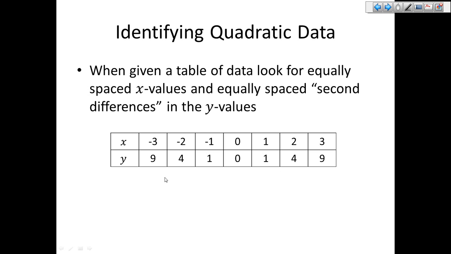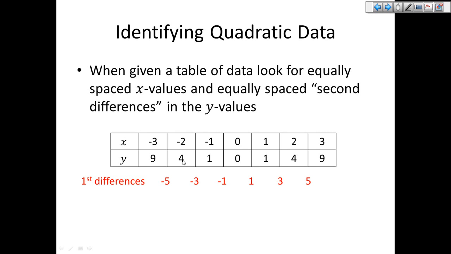So now we're going to move along in the y data, and what we're going to look for are equally spaced second differences. Now, this is a little bit deeper than trying to decide if something is linear. If you think way back, the way that we found out if something was linear was we looked at the differences in the y values. We're going to have to dig a little bit deeper, but it starts by finding the differences.